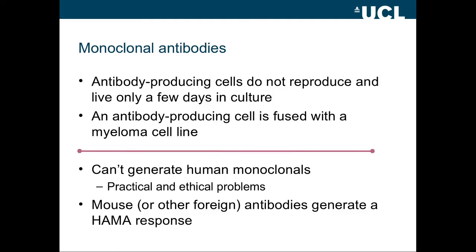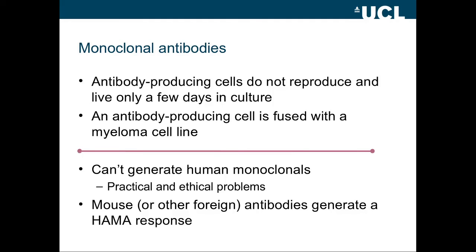Now, one of the practical problems with producing human monoclonals is that nobody's managed to find a suitable myeloma cell line that we can do this with. Yet it's been done quite easily in mice, rats, rabbits, and all sorts of other species.